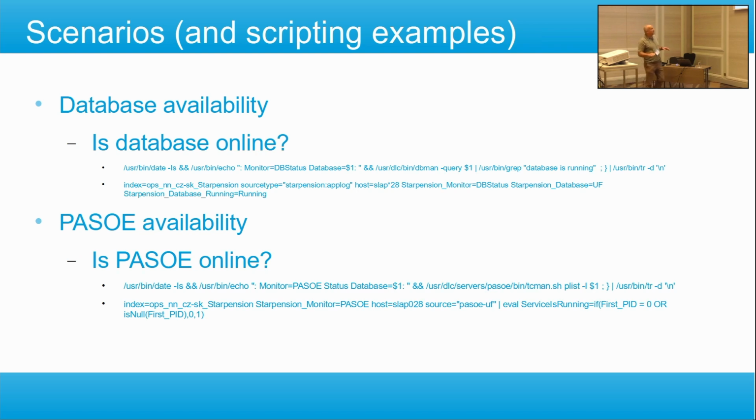I was thinking about how to find it, how to do that. And the best way I have found was to use a simple Linux script, because our databases are running on Linux, using dbman to get some information about the database. This simple script produces some output to standard output.